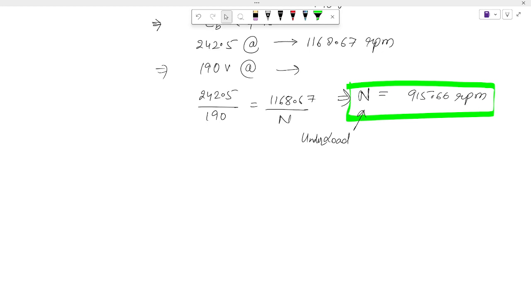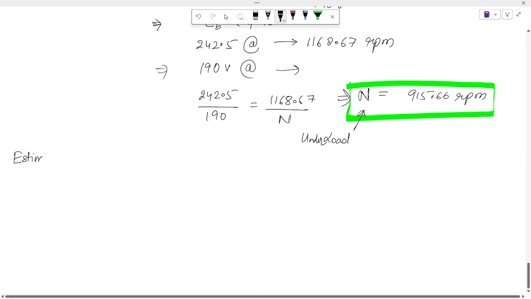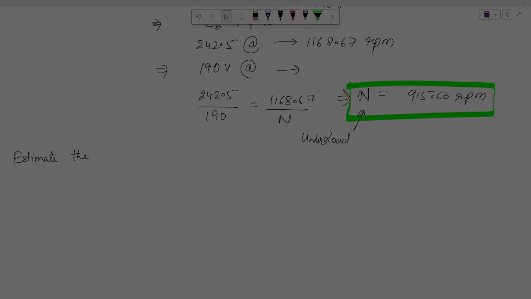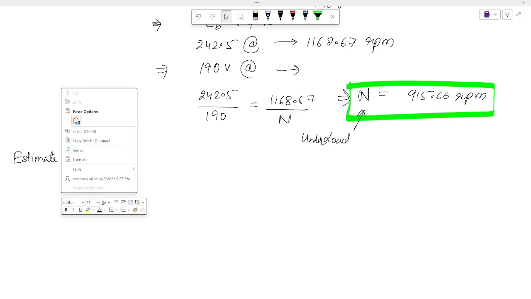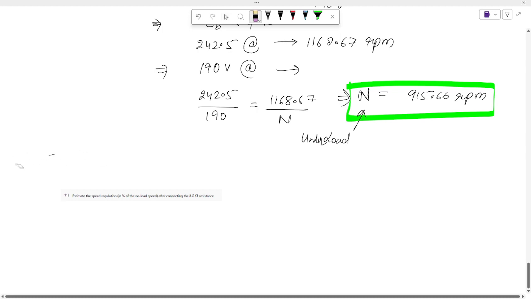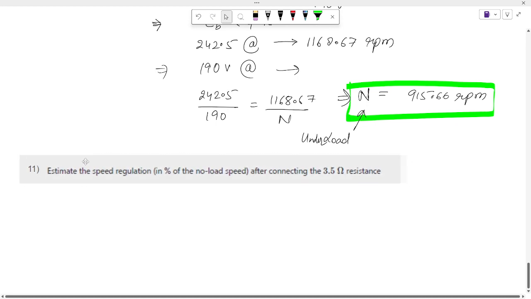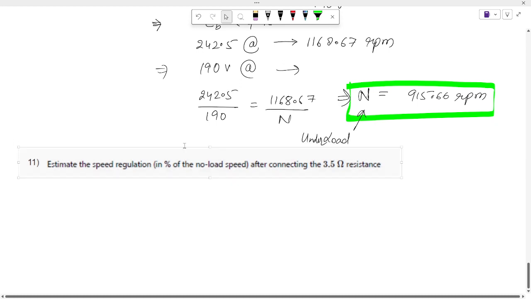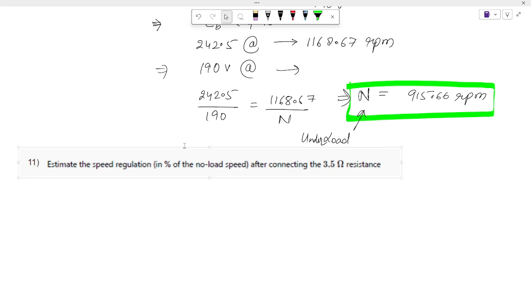Now they have asked: estimate the speed regulation in percentage of no load speed after connecting 3 ohm resistance, 3.5 ohm resistance.